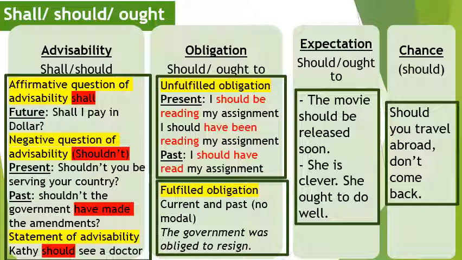In the past, I have always told you that we use have and the past participle form of the verb after the modal verb when you are indicating that this meaning is in the past. As to statement of advisability, Kathy should see a doctor.